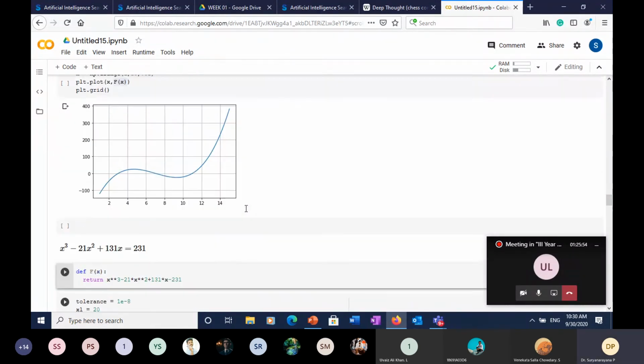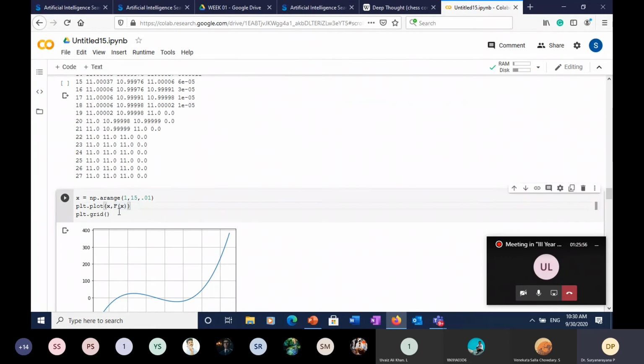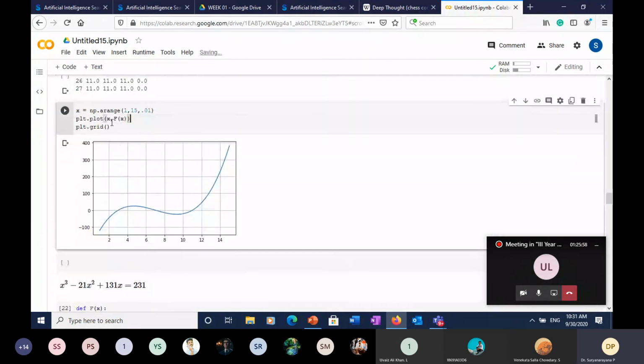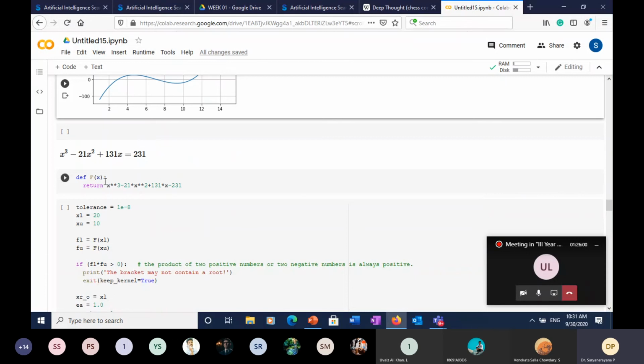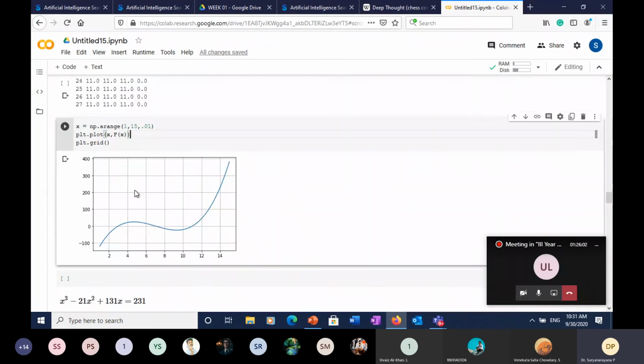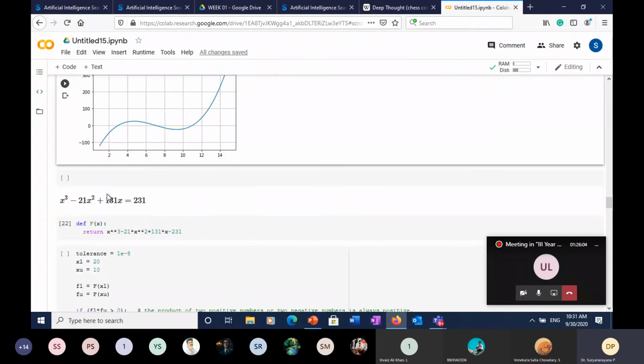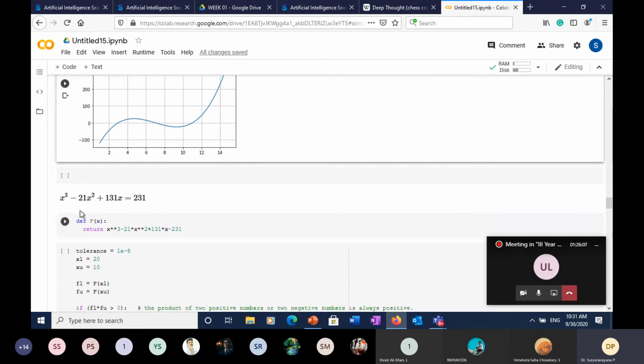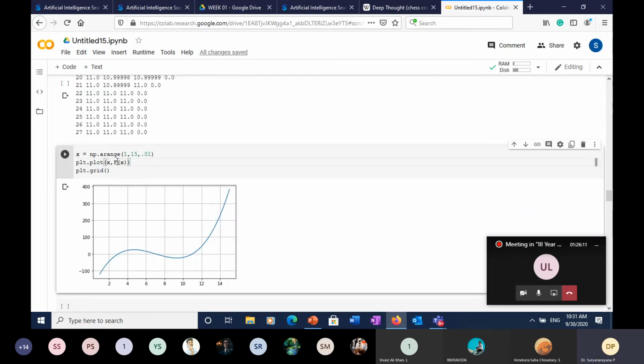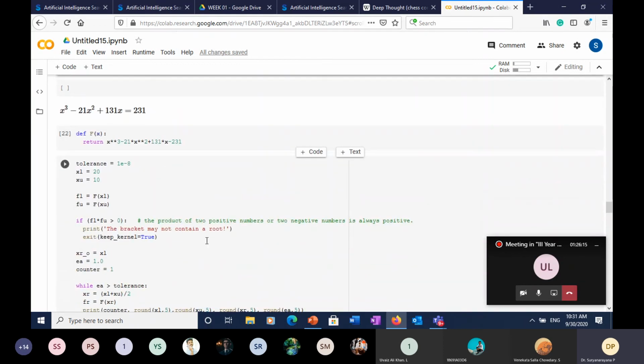Now, if I pass this array to that function, what that returns is, for each of the values in that x array which I'm sending, it will find the corresponding value of this expression. So we asked it to plot this versus this, and it plotted, and this is what it is. Okay, that's the plotting part.